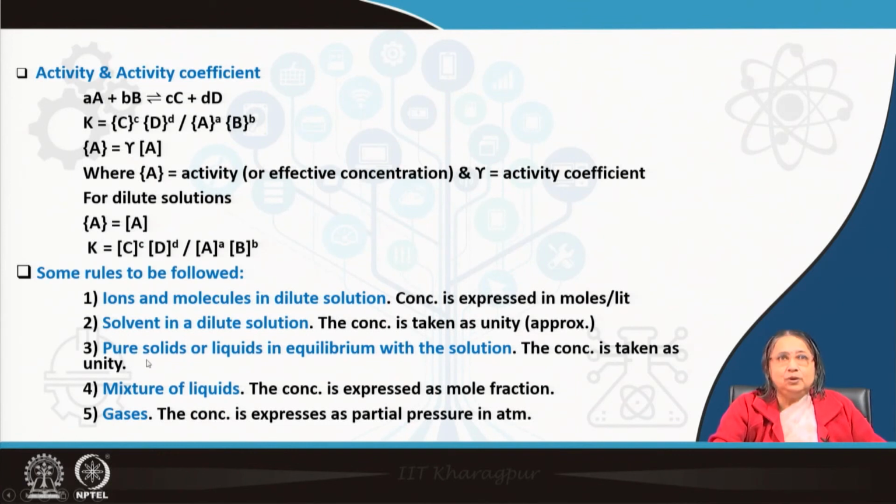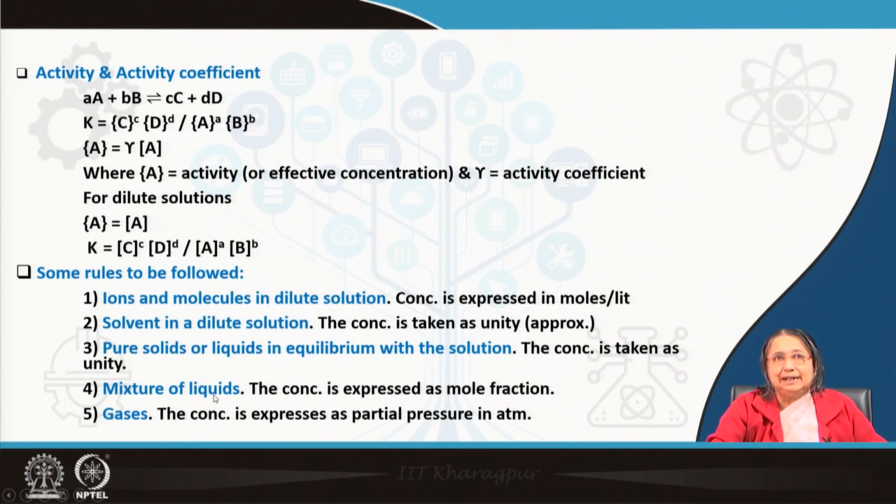Now, for pure solids or pure liquids in equilibrium with the solution, we will get some examples later, but here I am just writing the rules. In the case of heterogeneous equilibrium, where all species are not in the same phase, pure solids or liquids in equilibrium with the solution have their concentration taken as unity.